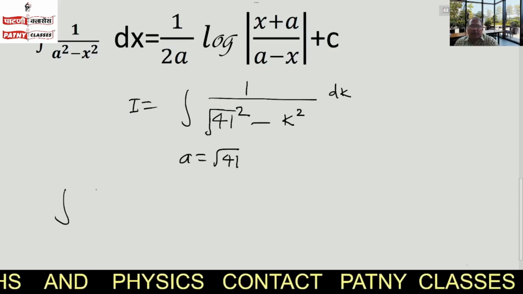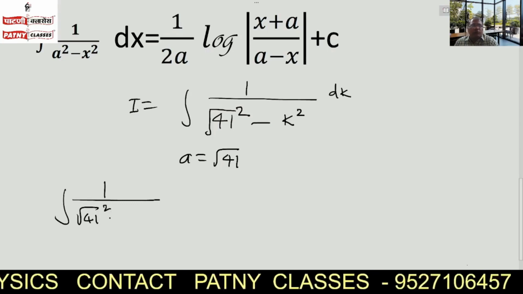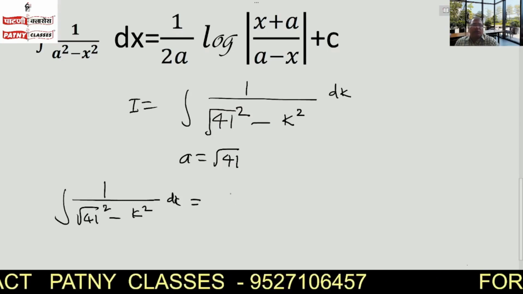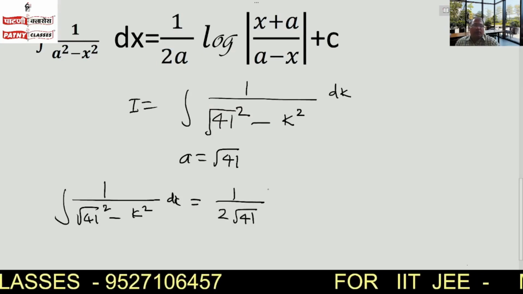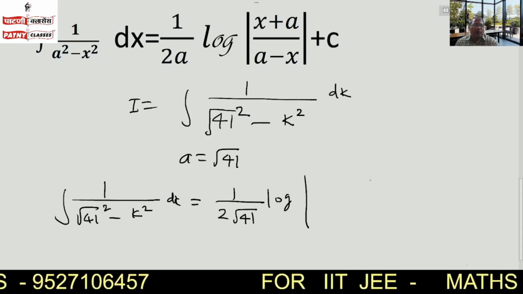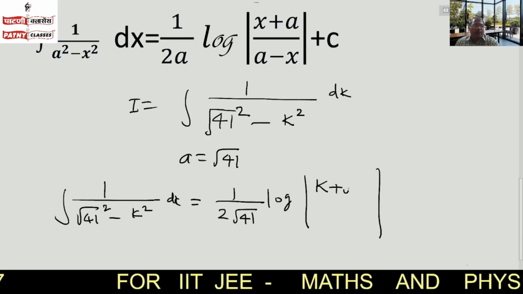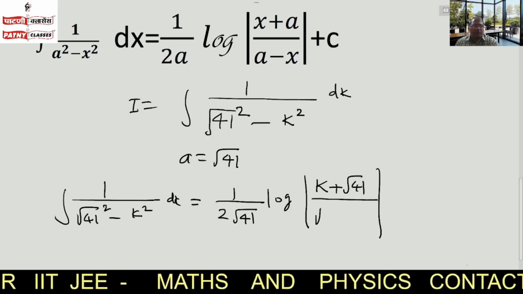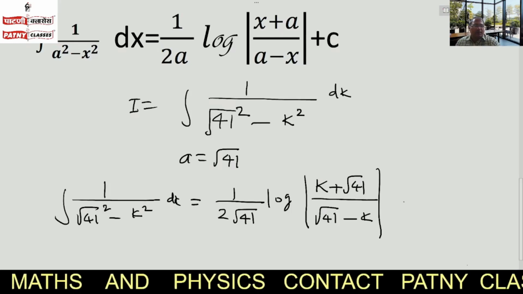Therefore integration of root 41 square minus k square with respect to k equals to 1 upon 2a, that is 2 root 41, and log of modulus of a plus k, that is root 41 plus k, upon a minus k, that is root 41 minus k.